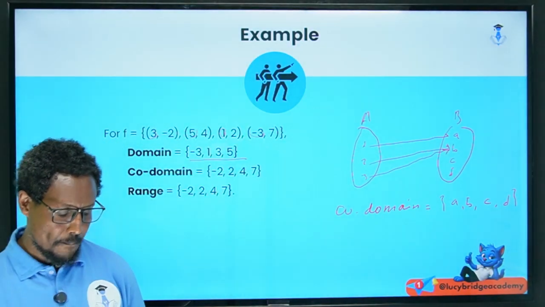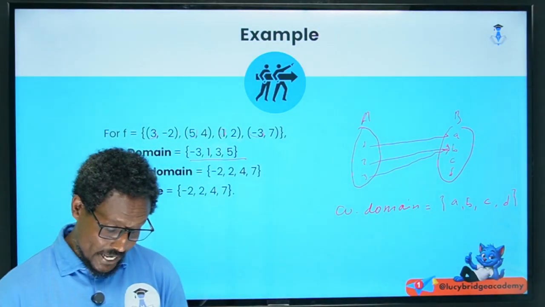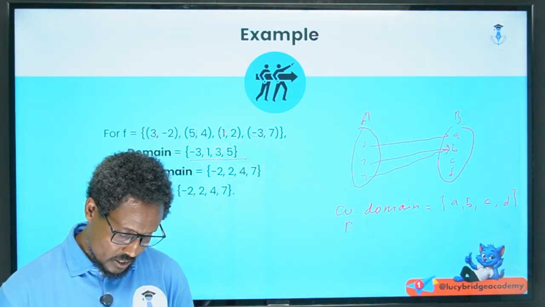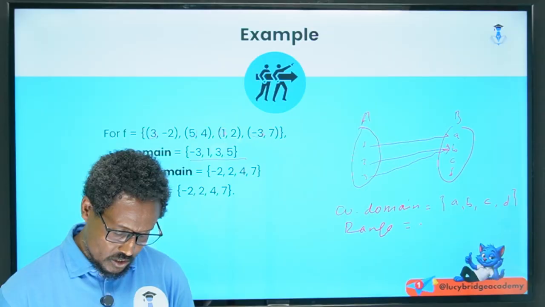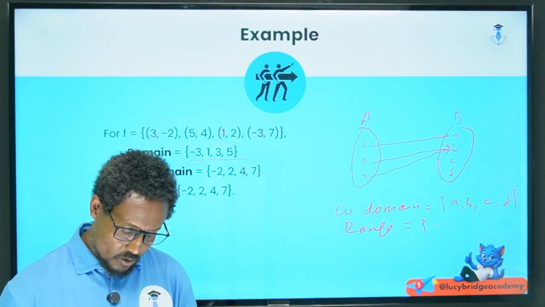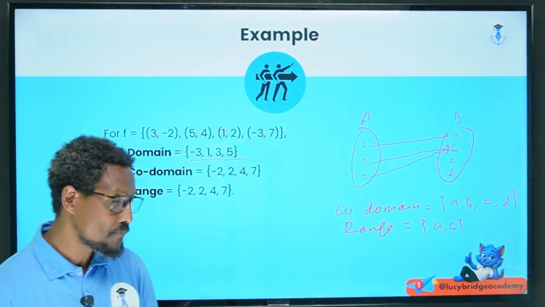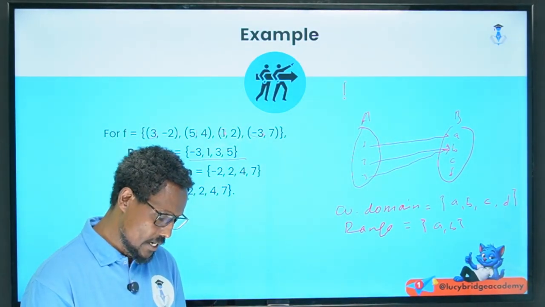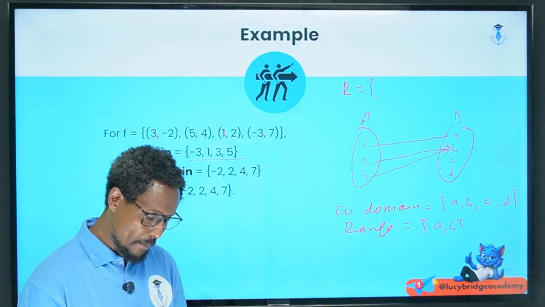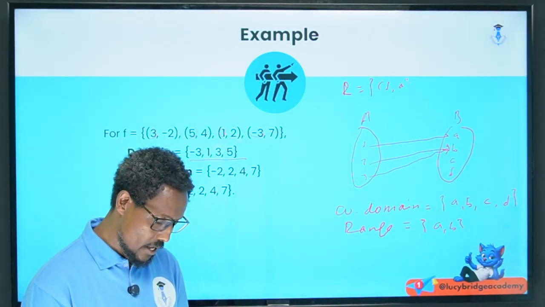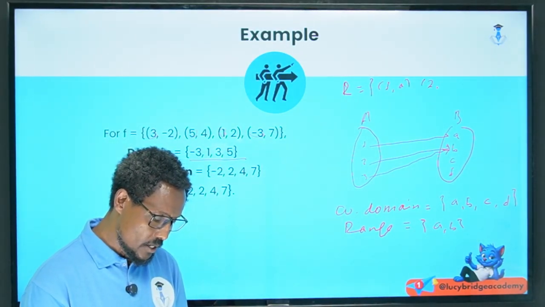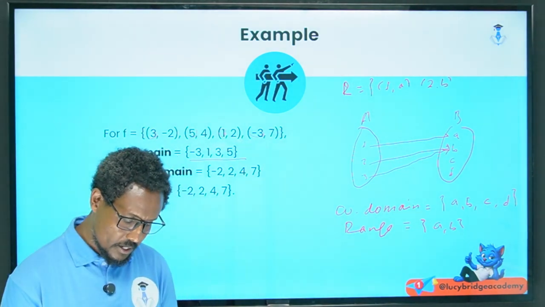Our range is equal to A and B only, because our relation R is 1 maps to A, 2 to B, and 3 to B.